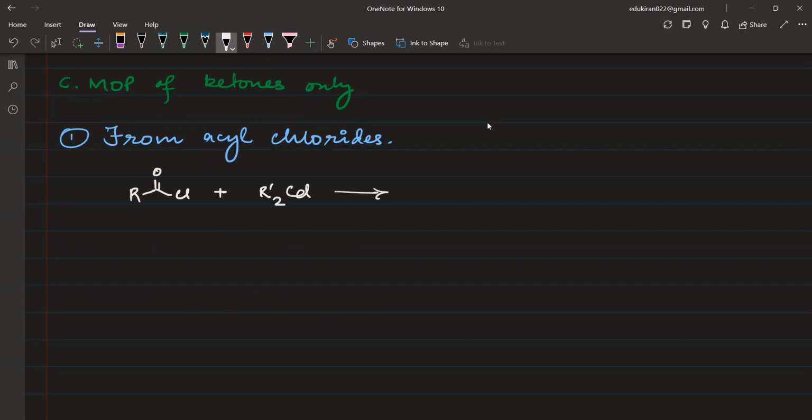So you are going to get R, C double bond O, and R dash. If you want to balance it, you can write 2 acyl chlorides, and you will get CdCl2. But don't worry about the mechanism or the stoichiometry here. If you have RCOCl and it is reacted with dialkyl cadmium, you are going to get ketones.